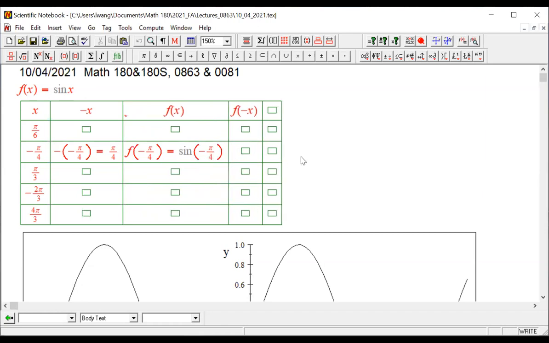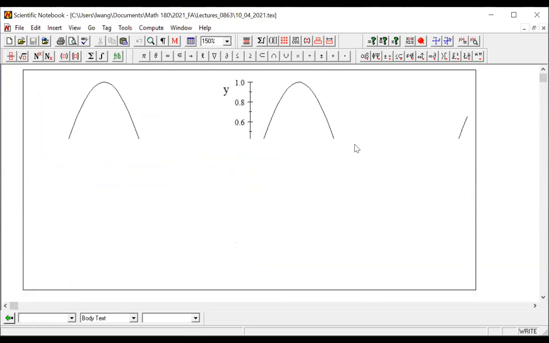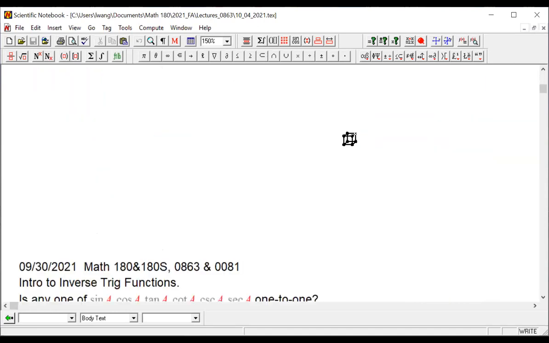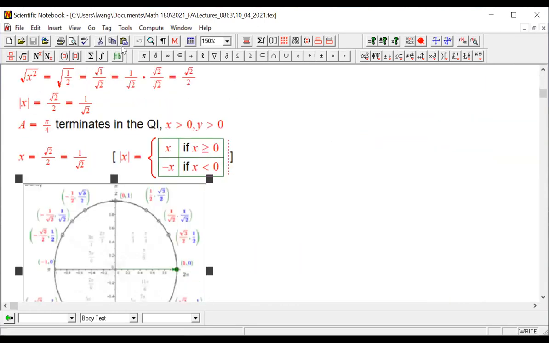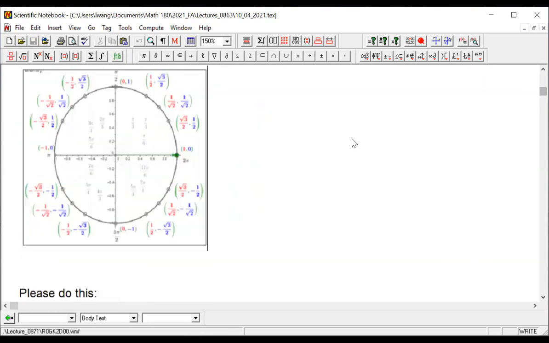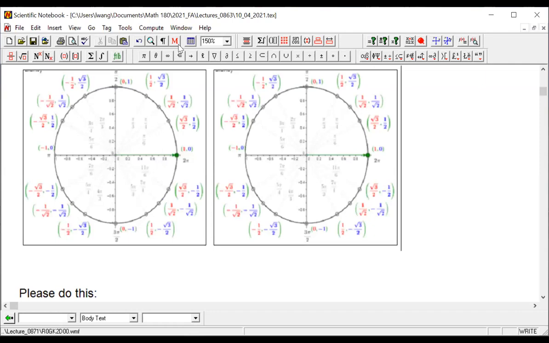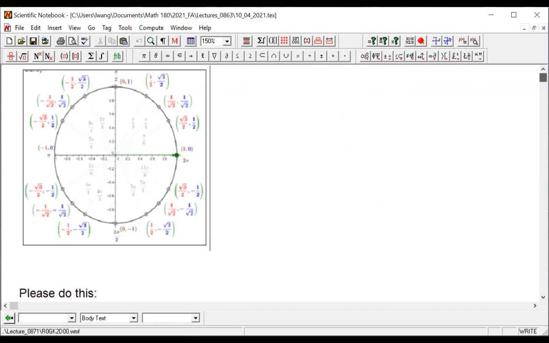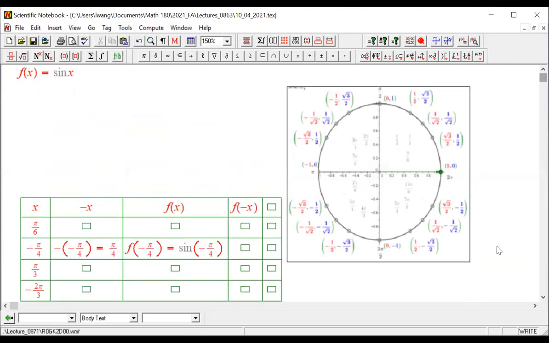How do you find the value of sine of negative pi over 4? You need to measure the angle clockwise, negative pi over 4. Yes, I want you to do it from the unit circle. We measure the angle of negative pi over 4 from the standard position, from here, and we terminate here.